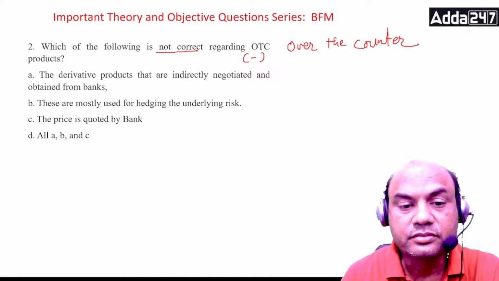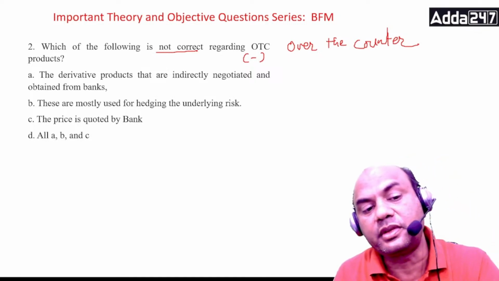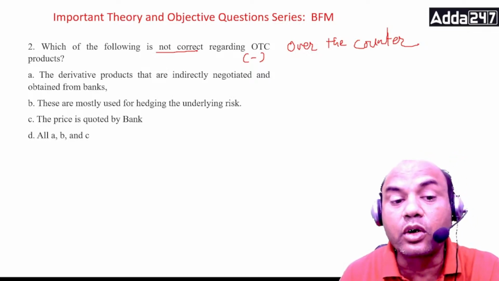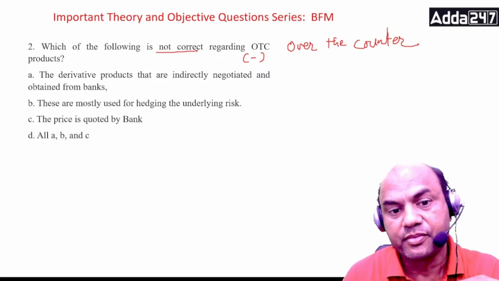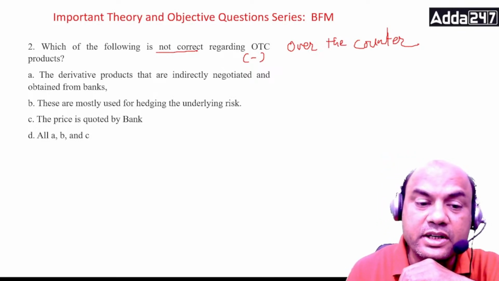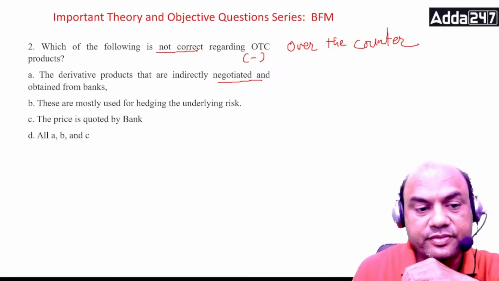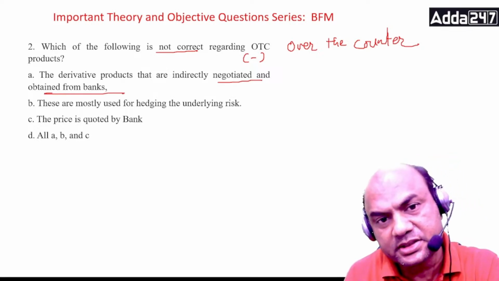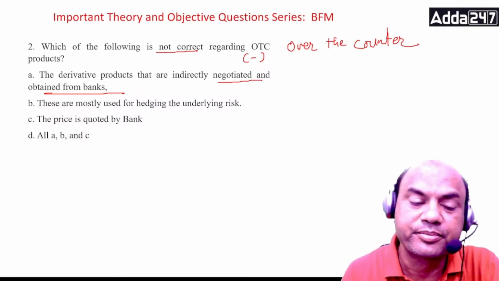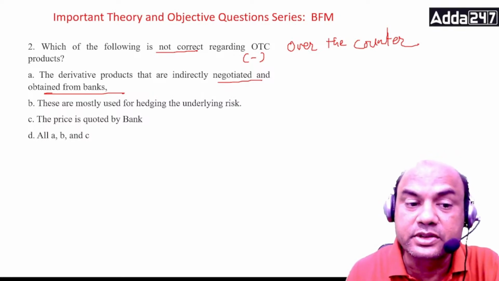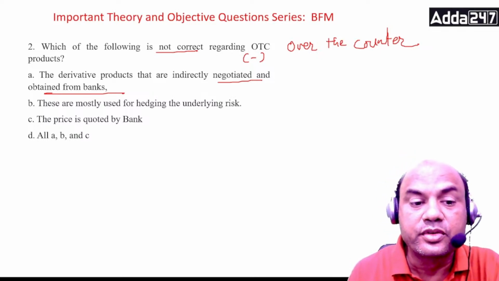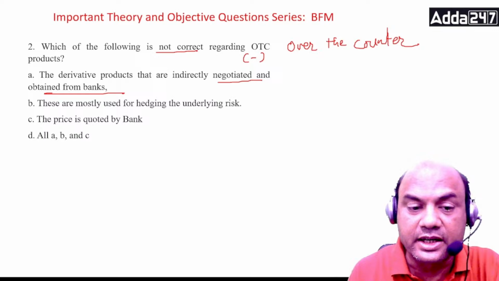So what can be the answer over here? Not correct. See, indirectly negotiated and obtained from the banks. Is this only from the banks? These products can be only through the banks? No. This can be from others also, other financials. So they are mostly used for hedging. That is true.